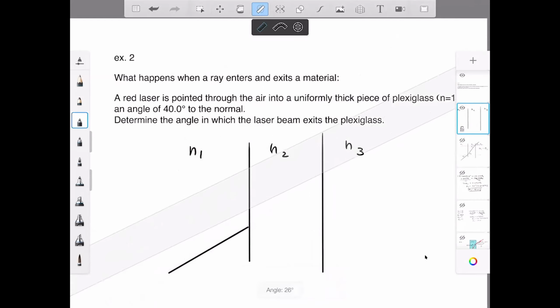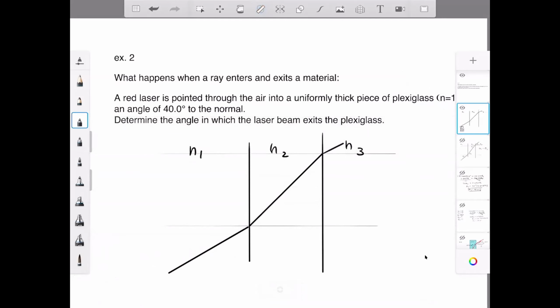It's going to refract a little bit. And then it's going to refract again at some other angle that we don't know. The way we work this one out is like this. Here's our theta 1, our theta 2. These two, of course, have to necessarily be the same. And then here's our theta 3.